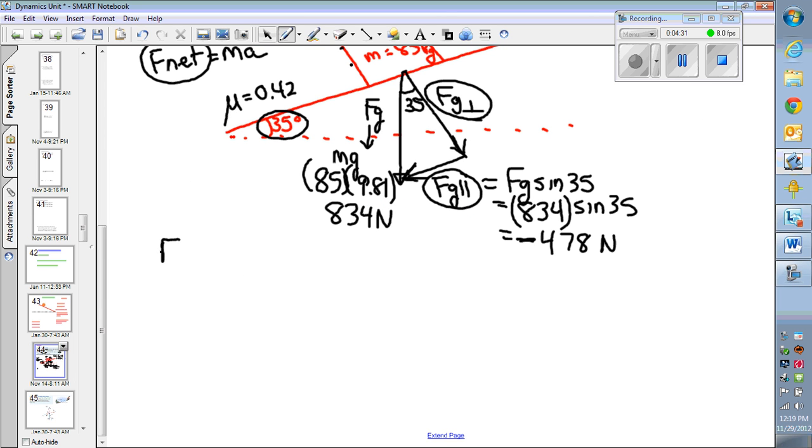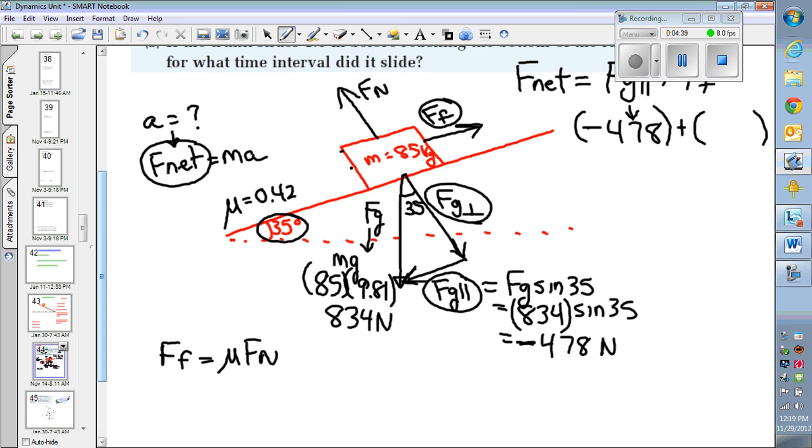To get friction, you do mu times the normal force. All right, we know mu, it's 0.42. Let's see if we can figure out what the normal force is. According to this picture, the normal force should balance FG perpendicular. So I'm going to figure out FG perpendicular. It is the cosine of 35 times the weight instead of the sine of 35.